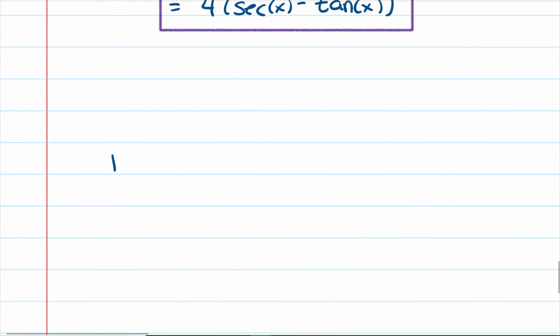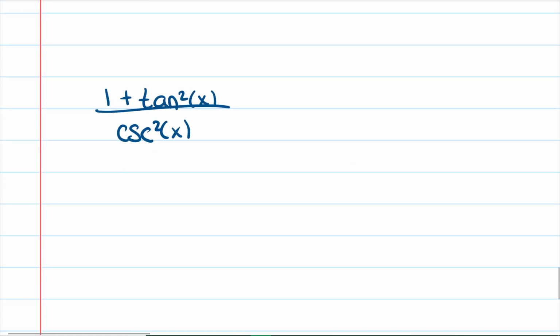All right, and last problem, 1 plus tangent squared of x, all divided by cosecant squared of x. Okay, so we know from our identity that we just used that 1 plus tangent squared of x is equal to secant squared of x.